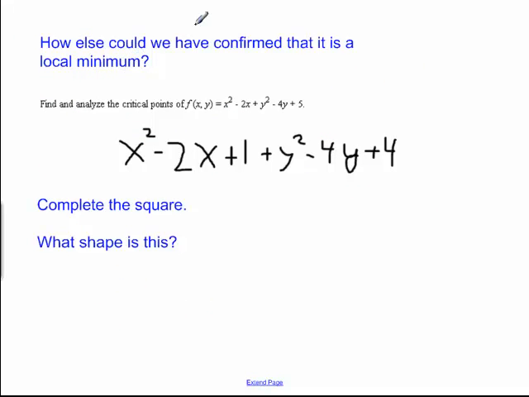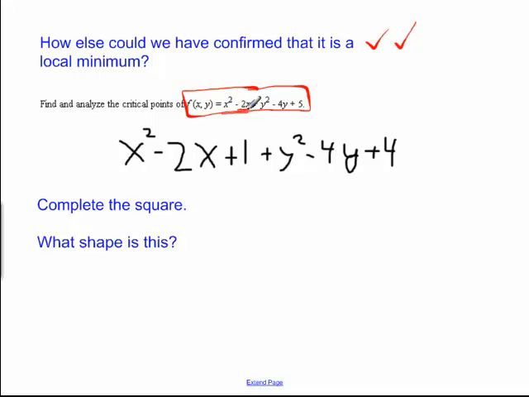Well, another way that we could have confirmed that this is a local min is to take our function and try to re-express it by completing the square. So I've got this x squared minus 2x.